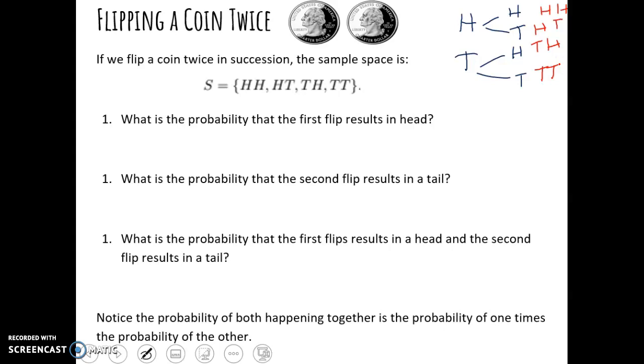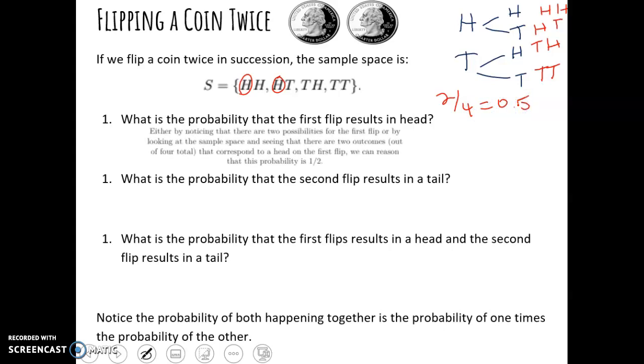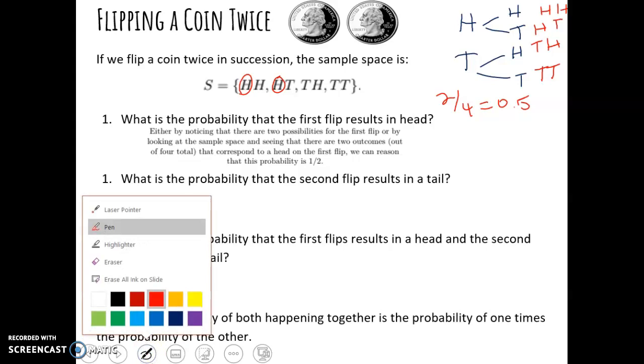So what is the probability that the first flip results in heads? So you can look here. The first flip is heads here and here. So that's 2 out of 4, which is 1/2 or 0.5. What is the probability that the second flip is tails?